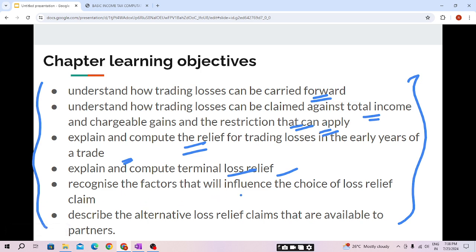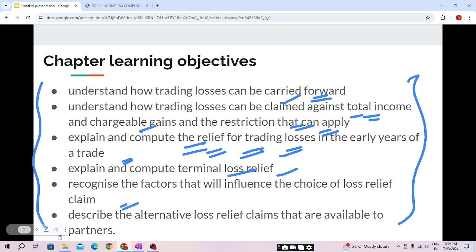Recognize the factors that will influence the choice of loss relief claims. So students, as we have many types of relief, we can carry forward the loss, or set off against the total income or chargeable gains, or we can claim the opening relief, that is the relief available if the loss has been incurred in the initial stage of the business, and if we are closing our business and have a loss in that year, how we can claim it.